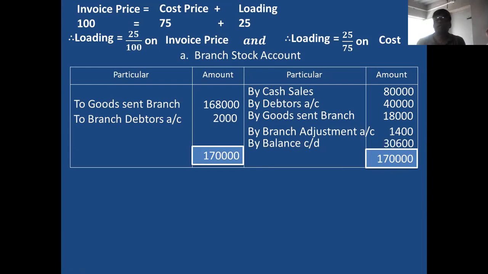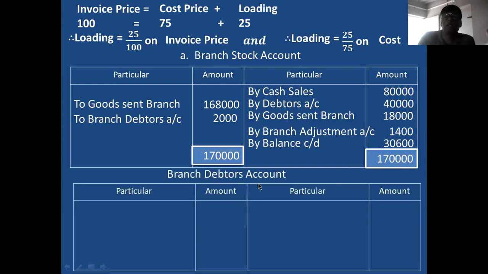Okay. Then second is debtors account. Branch debtors account. In the branch debtors account, first you have to write the opening balance. Opening balance is not in the problem. Second item in the debit side is credit sale. Credit sale you record as to branch stock account.